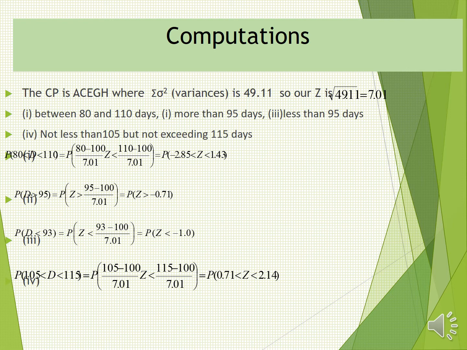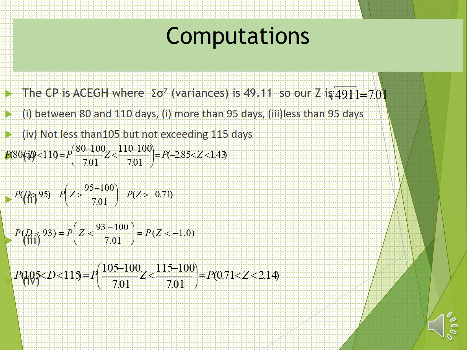That probability we can transform now, D to Z, and this will be Z greater than 95 minus 100 over 7.01, which equals the probability of Z greater than negative 0.71. Then the other one is the probability that D is less than 93 days. Again, we convert: Z will equal 93 minus 100 over 7.01. So the probability that Z is less than negative 1.